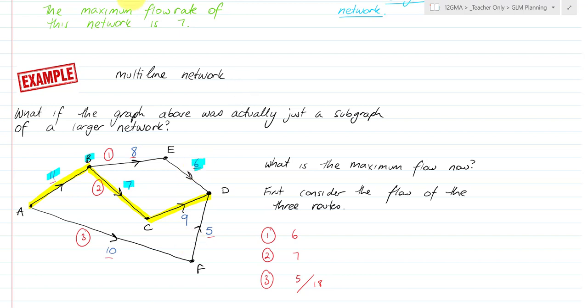So I've got a new restriction. 11, because it's feeding 2 different routes, is going to restrict my ability to fill up the need for 7 and 6. So actually, my maximum flow along route 1 and 2 is 11. And therefore my maximum flow is 11 and 5, which is 16.